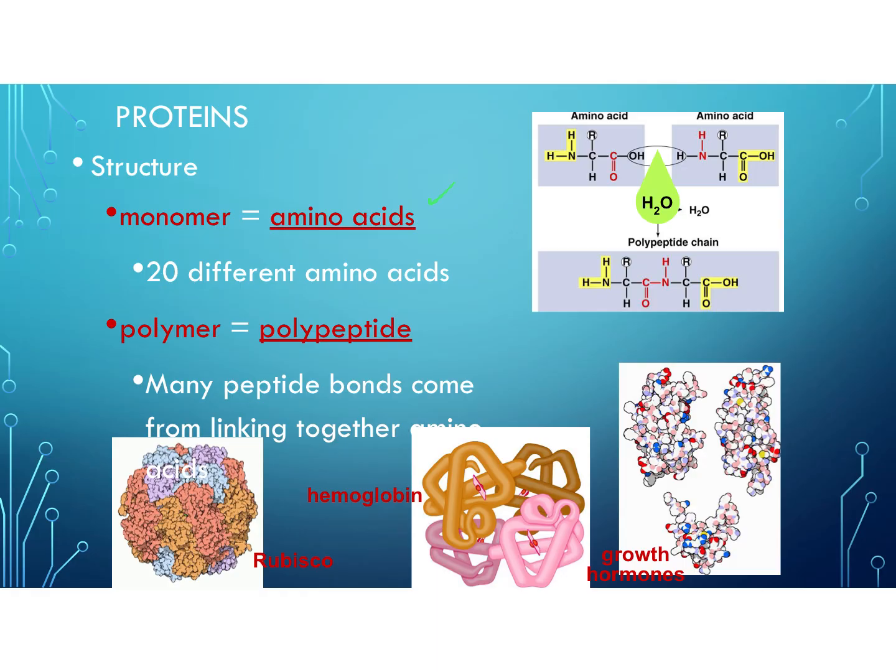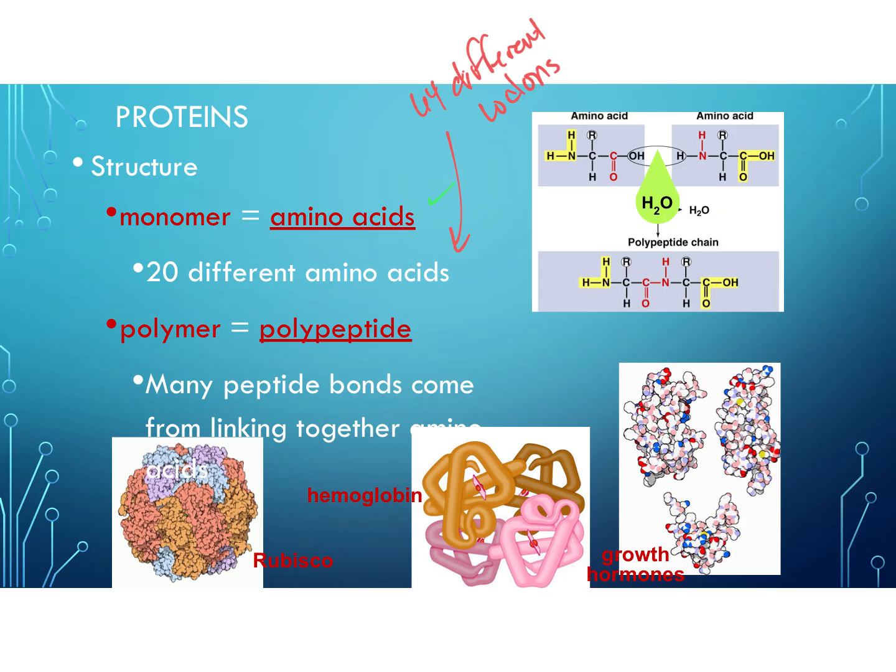And we know there are 20 different amino acids. But we also have to remember that we get those 20 amino acids from 64 different codons.